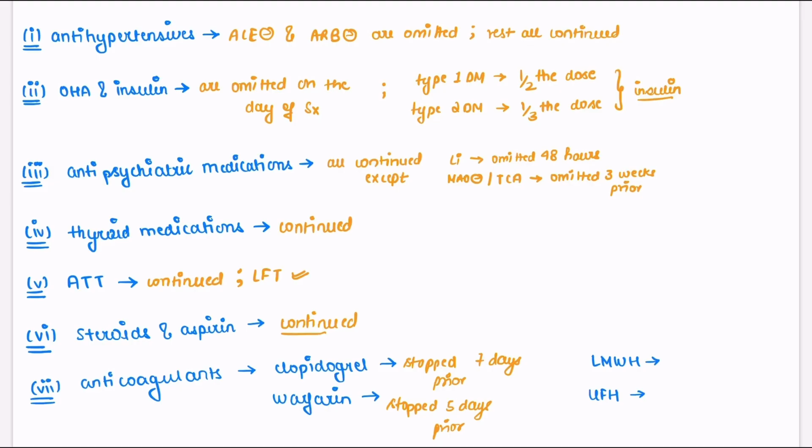Low molecular weight heparin is stopped 12 hours prior to the surgery for OD dose and 48 hours prior to the surgery for BD dose. The unfractionated heparin is stopped 4 hours prior to the surgery.